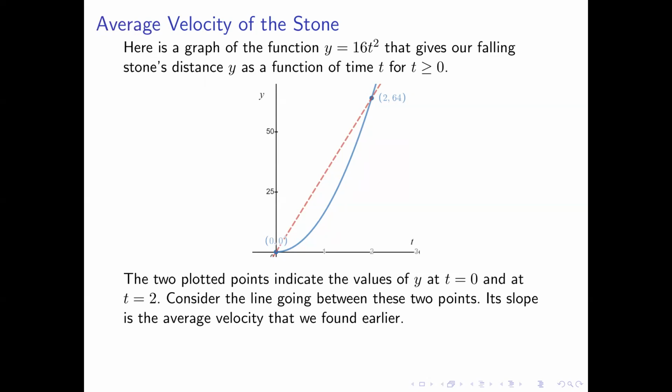So the slope of that line is the average velocity of our function over that x interval. Here's the calculation once more, right? If we're interested in finding the slope, we're using the slope formula, m equals y2 minus y1 over x2 minus x1, and that gives us 32. Again, the same thing we got for the average velocity earlier.